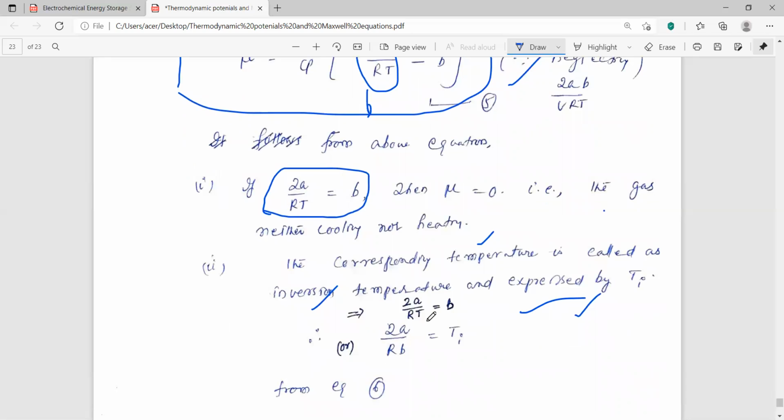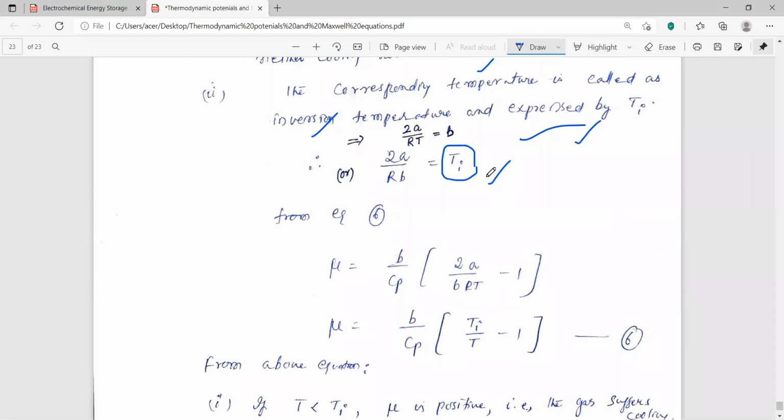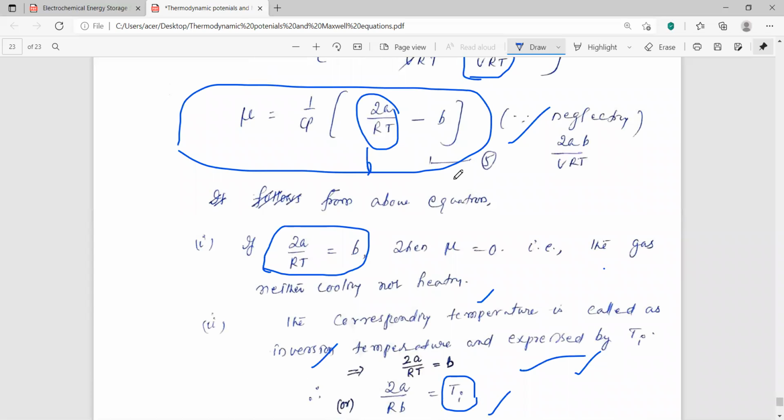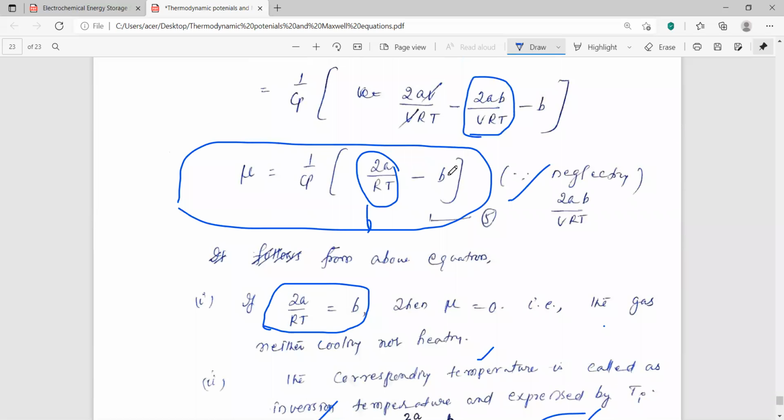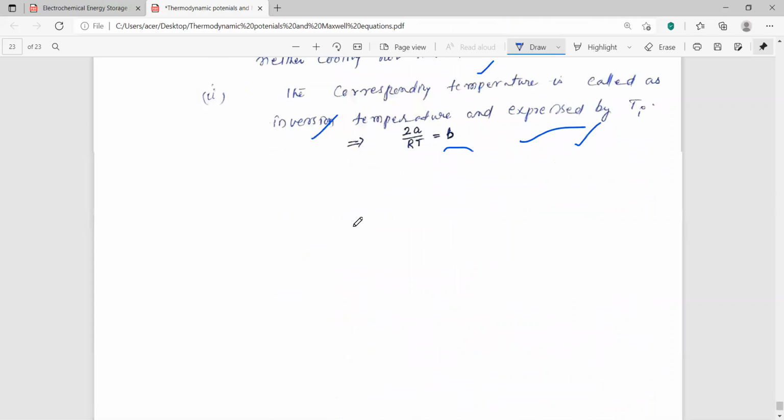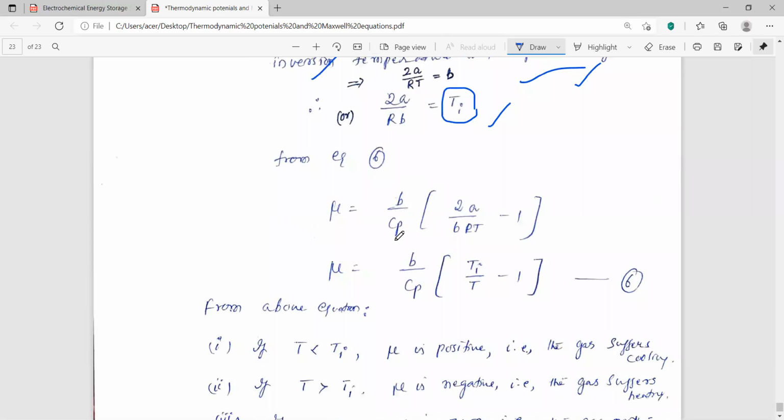So this can be written from this equation. If 2a/RT equals b, then 2a/Rb equals Ti. This is called the inversion temperature. Suppose I substitute that value. If I take b as common from this bracket, then μ equals b/Cp of (2a/bRT minus 1).